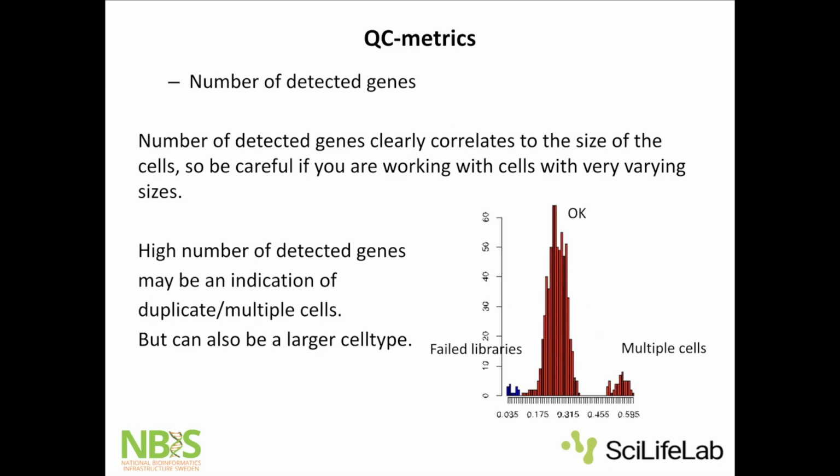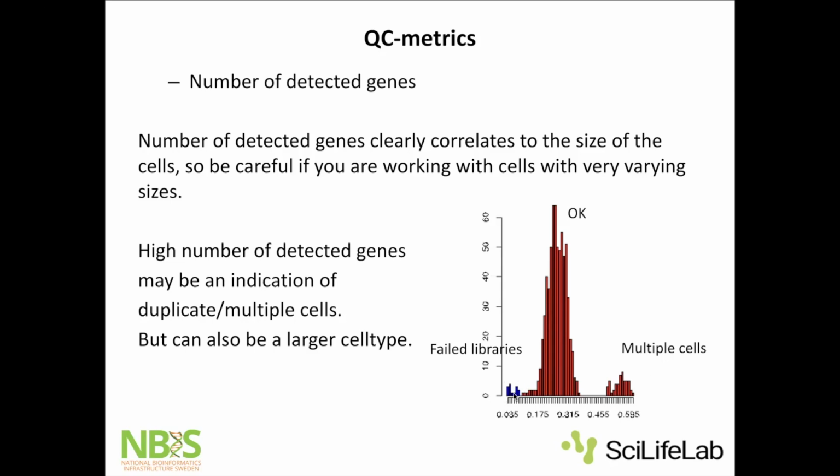I really like to look at the number of detected genes, because that more than the number of UMIs tells us something about the complexity of the cells. And this is a mock experiment where they sorted multiple cells in SmartSeq data in the same well versus a single cell, and then we had some clearly failed libraries.